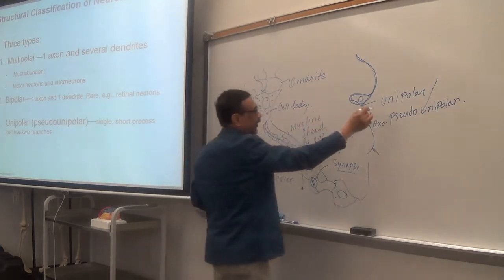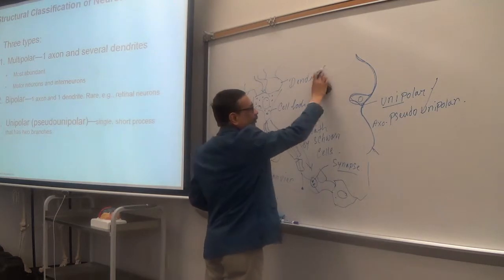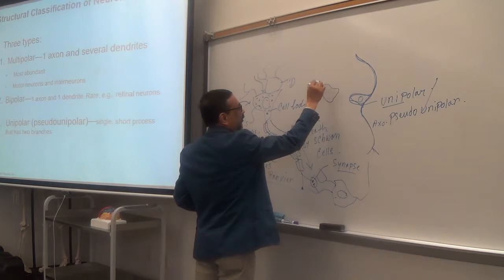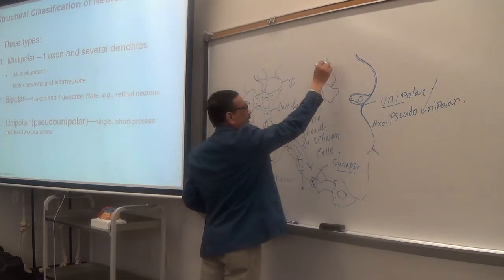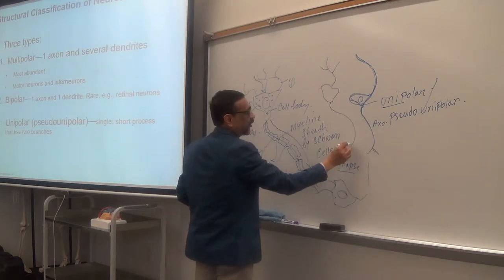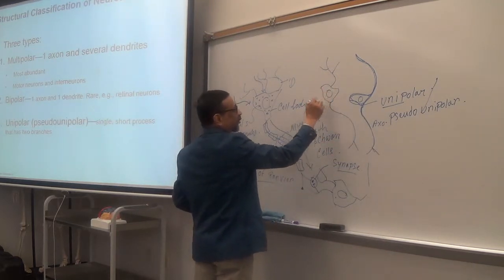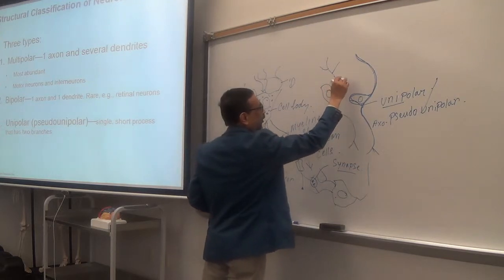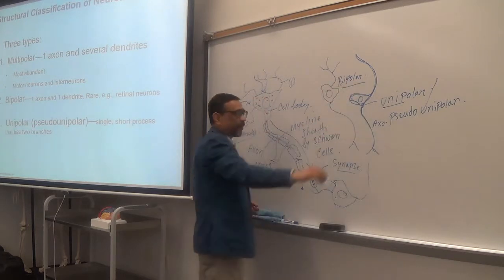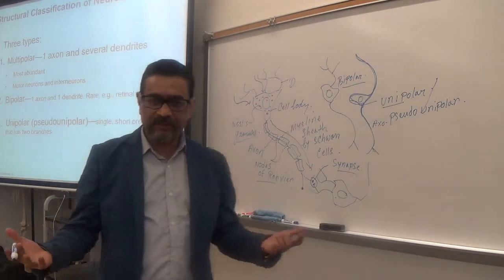Now, there are some neurons where the cell body has only one dendrite and one axon. So 1, 1, 2. That's why this is called bipolar. Bipolar neurons have only one dendrite, and the axon is of course one.